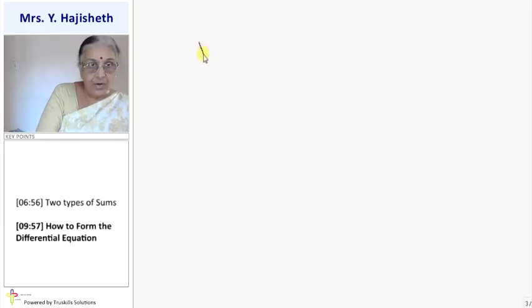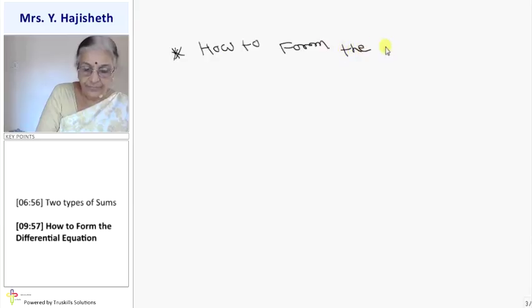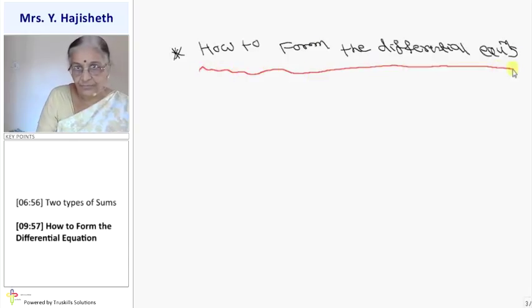First we learn how to form the differential equation.